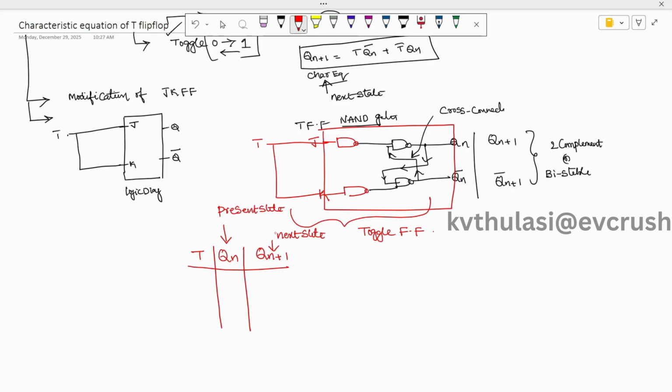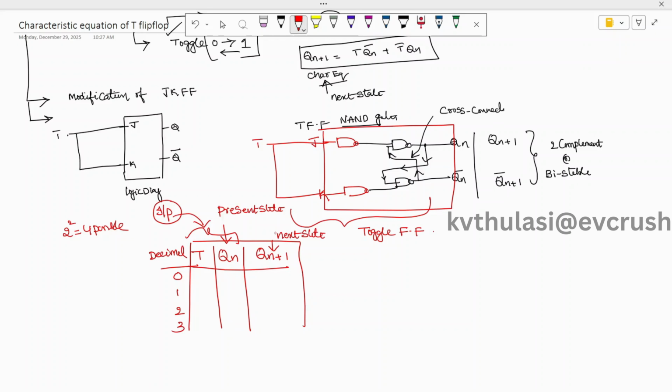Draw a line. T and Qn are the two inputs you are going to have. When you have two inputs, we can write 2 squared, which is 4 possible input combinations. So these are 0, 1, 2, 3, the decimal values we are going to give.